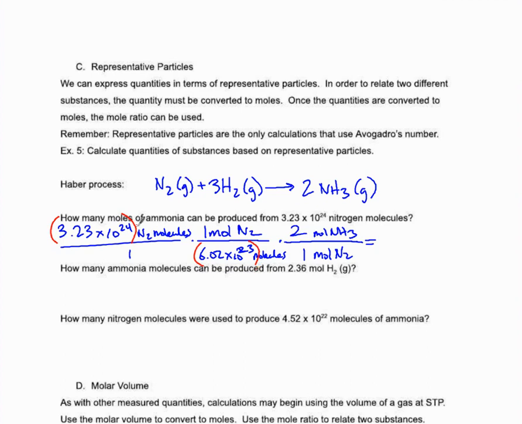It should be, so 10 to the 24th divided by 10 to the 23rd is just 10 to the 1st. So really what's going on is, let's go ahead and put it in our calculator. Be careful to use the parentheses. And you should see that it's very close to 10. It's 10.7 moles of ammonia.